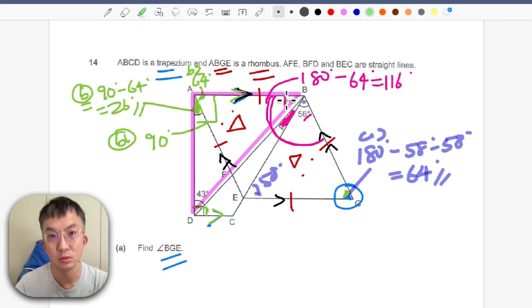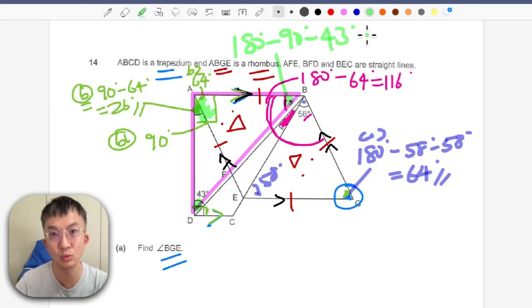Okay, so this angle is actually 180 minus 90 minus 43. And the reason why we know that we want to minus 43 is because if you look at part A, B, and so far for C, we haven't used 43 yet. So we know that we must use 43 since it's given and appears out of nowhere.